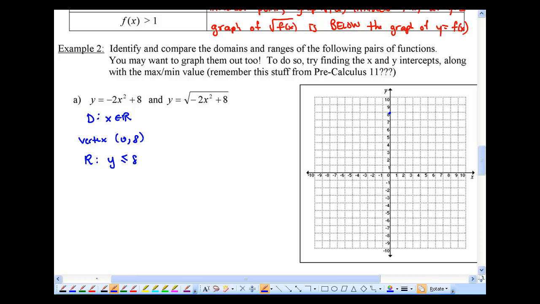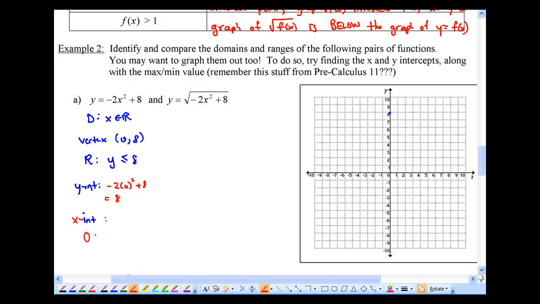We want to find some x-intercepts and y-intercepts. Let's do the y's first. So the y-intercept, that should be easier. Negative 2 times 0 squared plus 8. That's just 8. And then the x-intercept. This one's a little bit trickier.